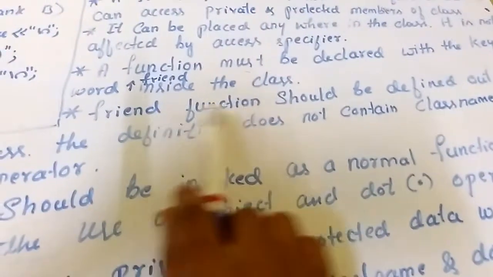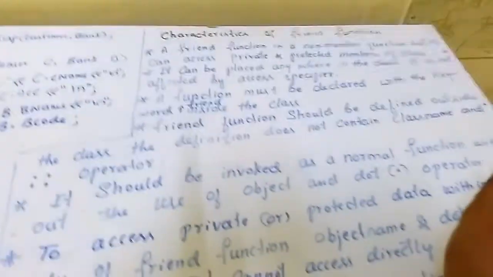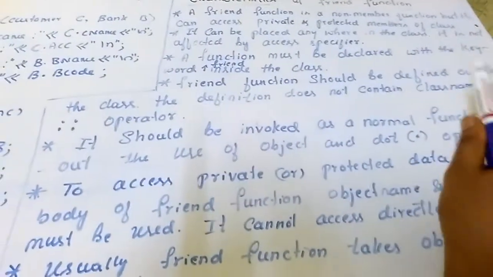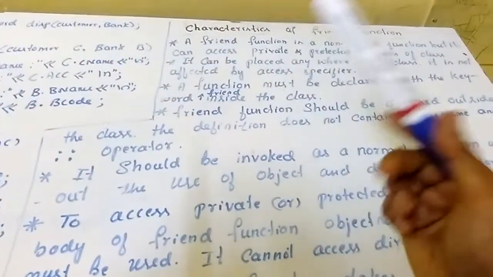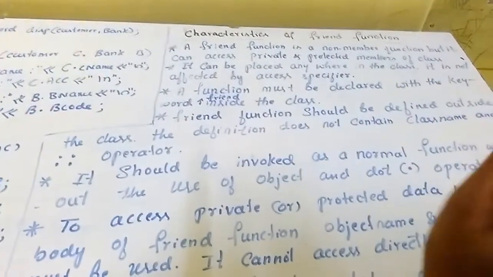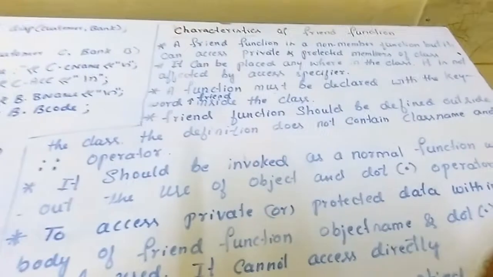Now, a friend function should be defined outside the class definition, isn't it? It should be defined outside the class because it is not a member function. We must define it outside the class, but we have to declare it inside the class. So irrespective of access specifier, wherever you can declare inside the class, it should be preceded with the keyword friend.